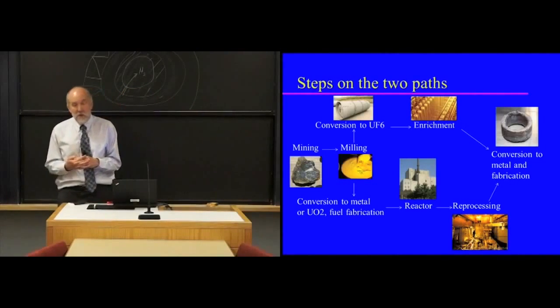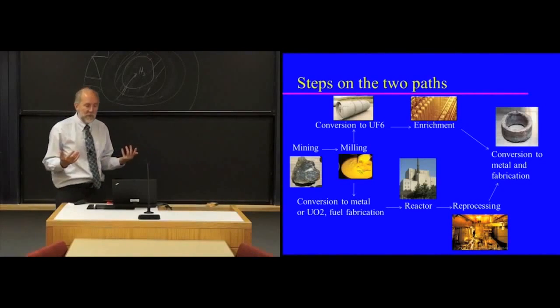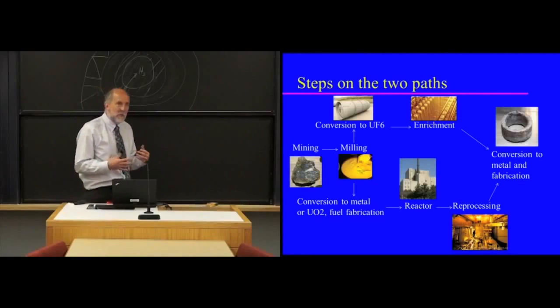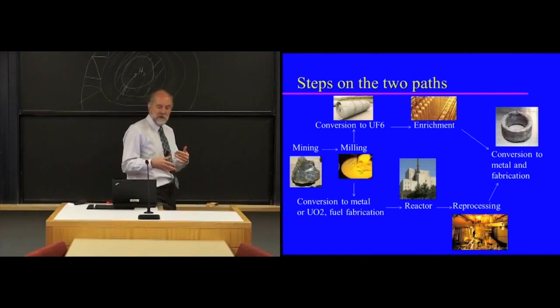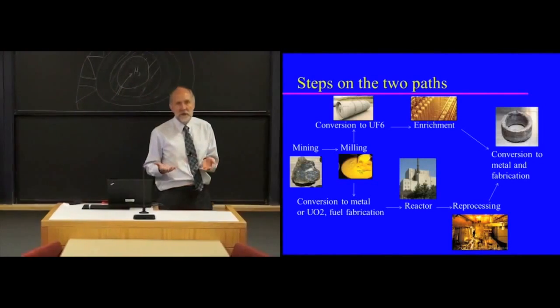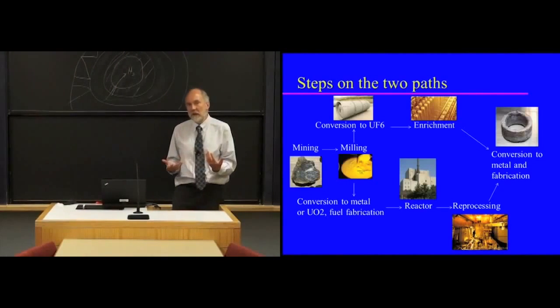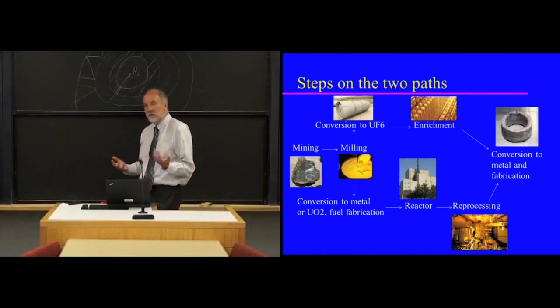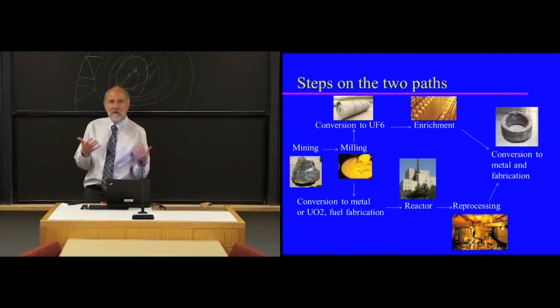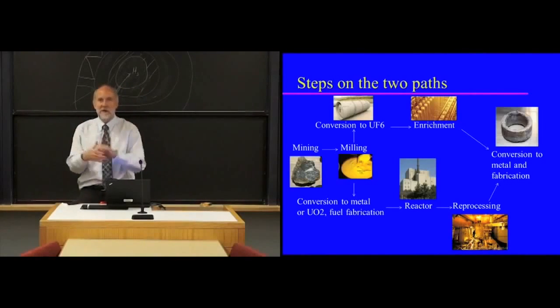Okay? So then if you're going the enrichment route, you need to figure out a way to take that uranium, which is a solid when it's in the yellow cake form, and make it into a gas, because almost all of the enrichment techniques that people have thought of involve a gas going through a process.